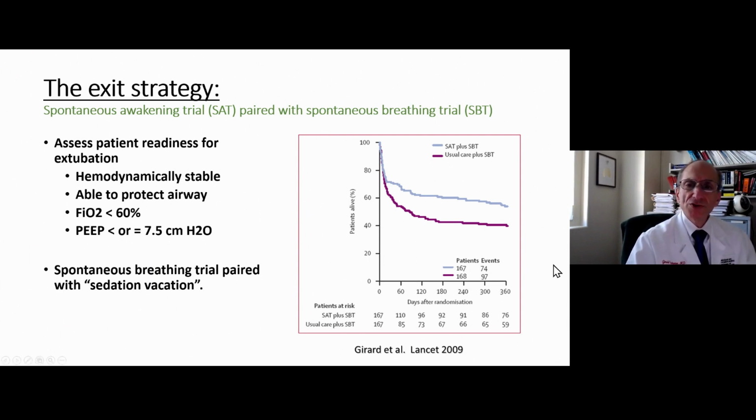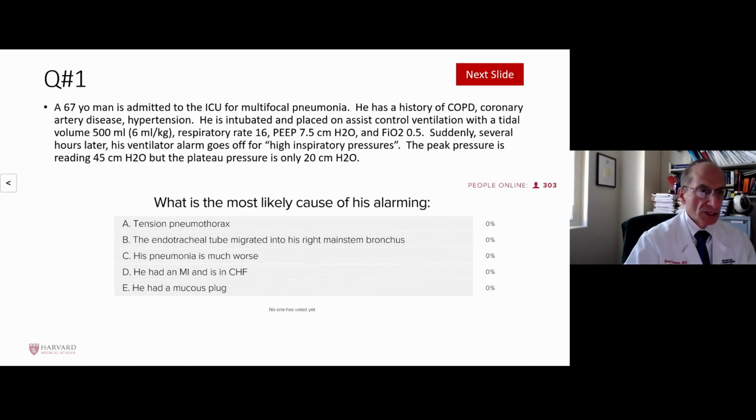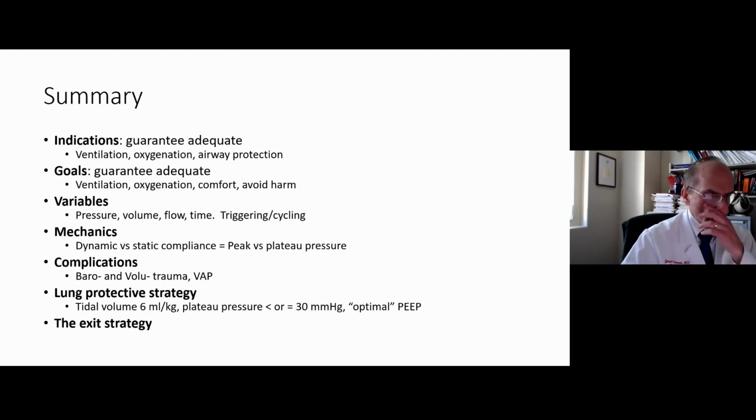And then for those patients who are on continuous sedation, we will pause their sedatives and allow them to wake up, hence spontaneous awakening. When those two things are paired, it has been shown to improve outcomes, and that has become the standard of care.